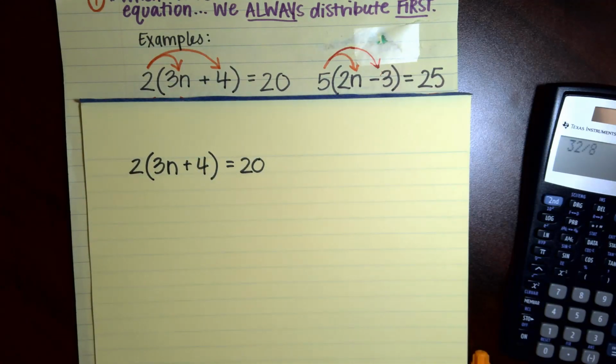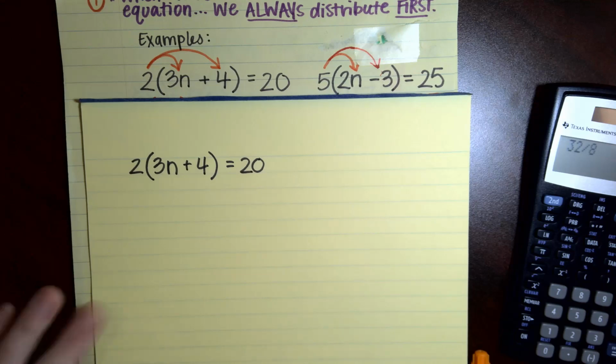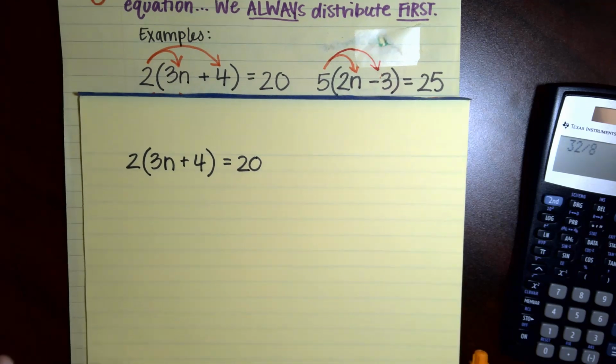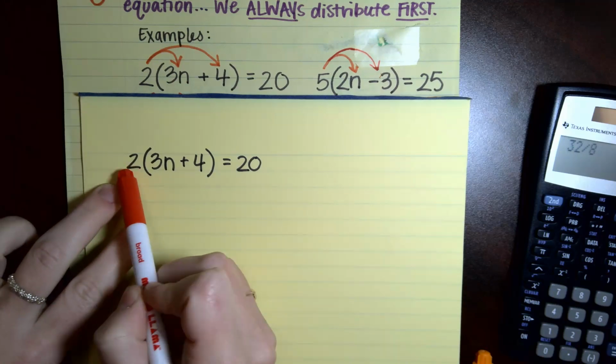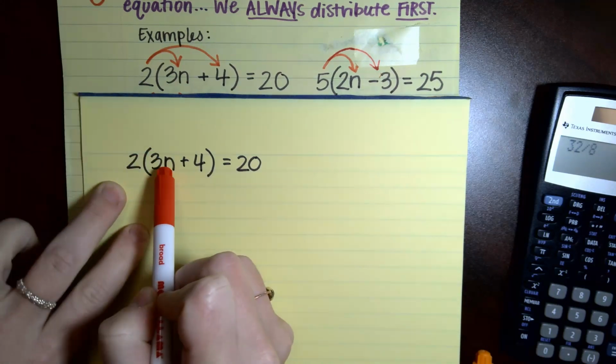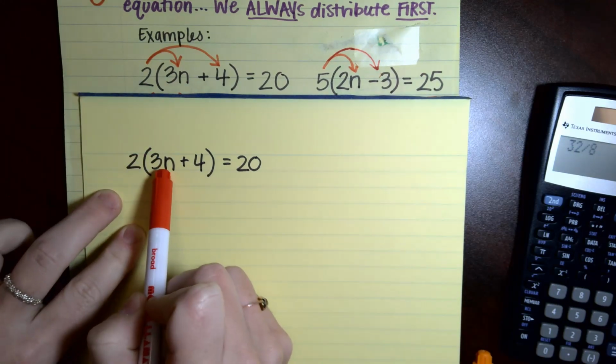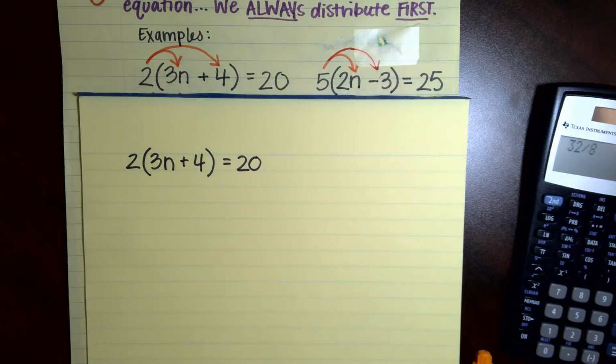Okay. When we distribute, remind me, what operation are we using? We're using parentheses, but whenever I take my 2 and I combine it with 3n, multiplication. Very good. So guys, in an equation, how do we get rid of multiplication? You do the opposite.